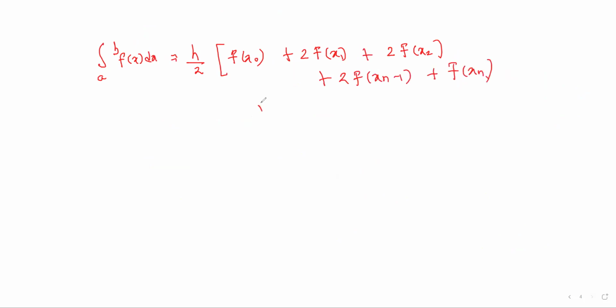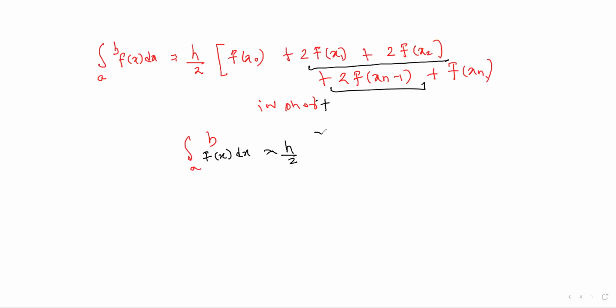So in short, how do we represent this? I write a to b. So now the two values are common up to x of n minus 1. Here you see this up to here. So in short, I can write this as integral a to b f of x dx, and this value to be equal to h by 2 of f of x naught as it is.